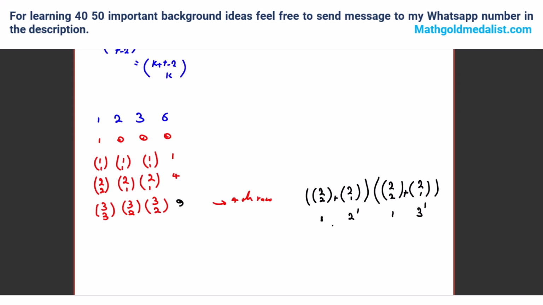So, why do we have this? Because for 9, we should consider the sum of this one, this one, and this one, right? So when we consider 2 choose 2, 2 choose 2, this one is 3, this one is 2, this one is 6, right? So it will be like that.